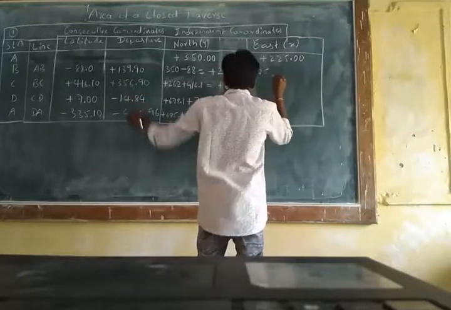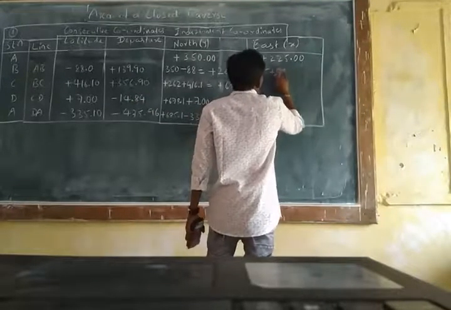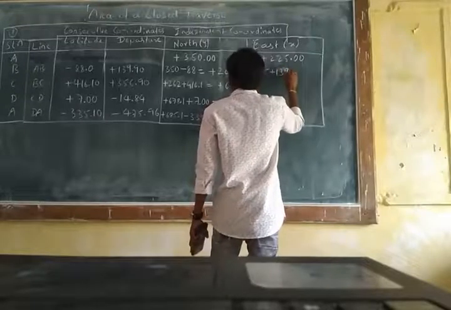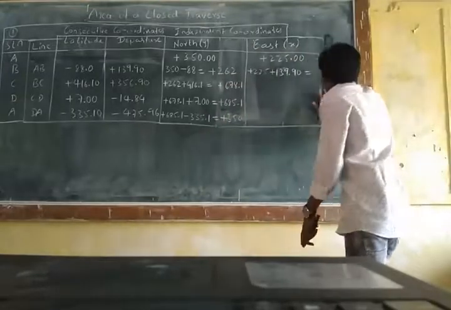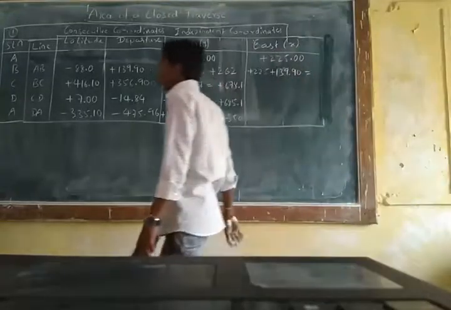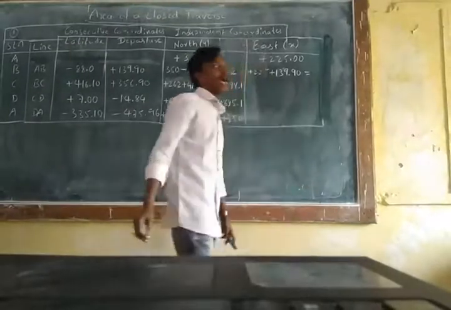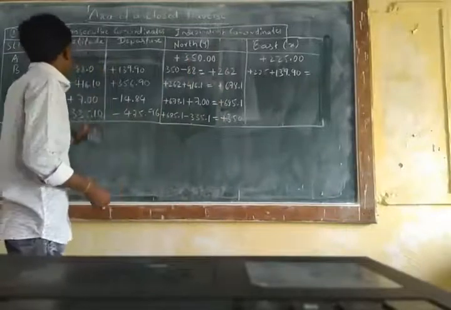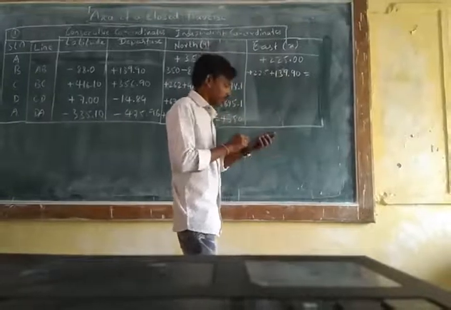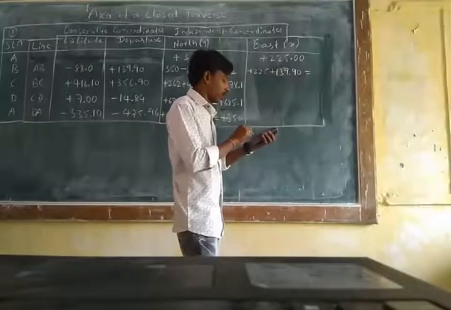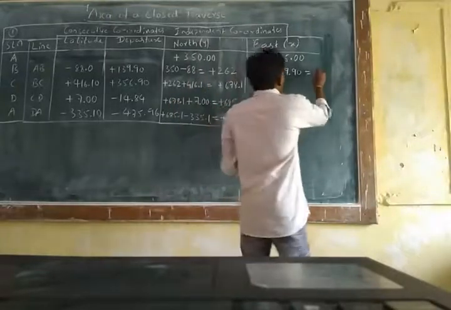So it has plus sign, so write plus 139.90. Now just have the sum. So both are positive, plus 225 and plus 139.9, and you are getting the value 364.9, that is positive value, plus 364.9.